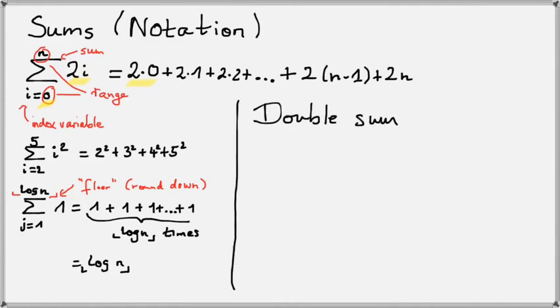Double sums occur often in the context of nested loops. So this would be a double sum where I have first a sum over i and then a sum over j.